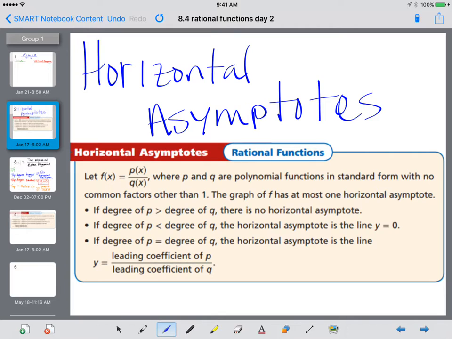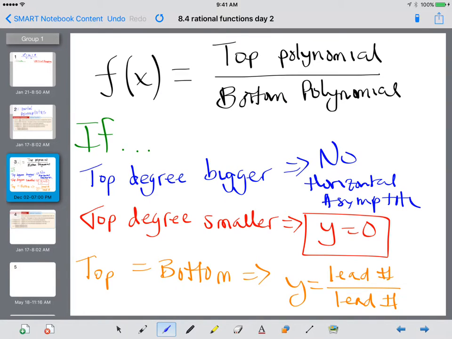So to break this down, here's what I've done. I've written this into simpler notes that you might understand a little better. I would encourage you to write these notes down. F of x equals the top polynomial over the bottom polynomial. That's what these rational functions are going to look like. If the top degree is bigger, there's no horizontal asymptote.